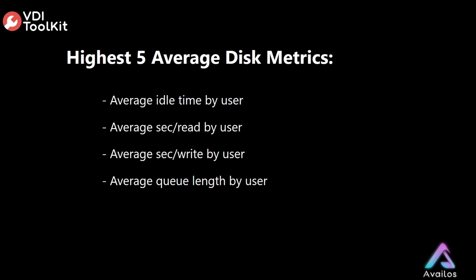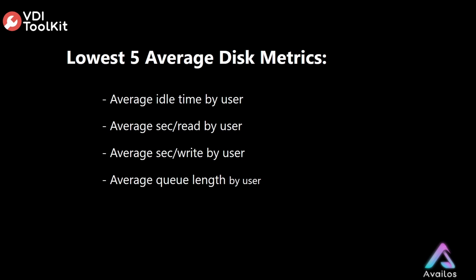Lowest 5 average disk metrics provide information on average idle time by user, average seconds per read by user, average seconds per write by user, and average queue length by user. This can help identify users within your environment that are the lowest consumers of disk resources within your virtual desktop environment to help aid in a cross comparison of those using the most resources.